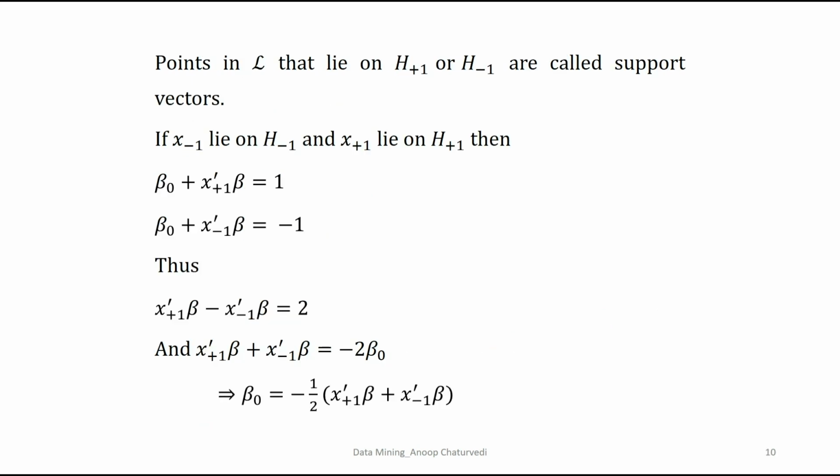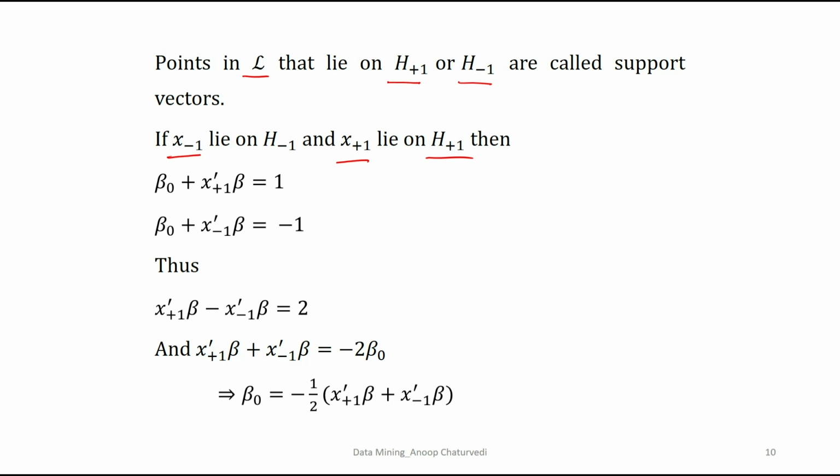Now, the points in the learning set L that lie on h plus 1 and h minus 1 are called the support vectors. Now, suppose x minus 1 lies on h minus 1 and x plus 1 lies on h plus 1.